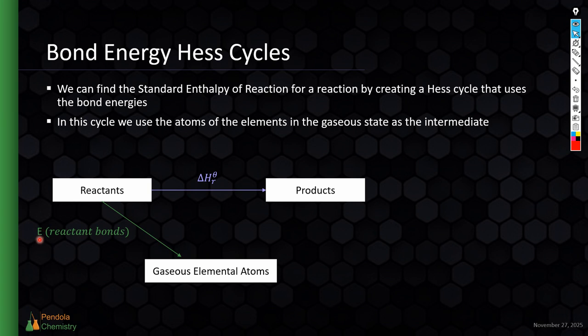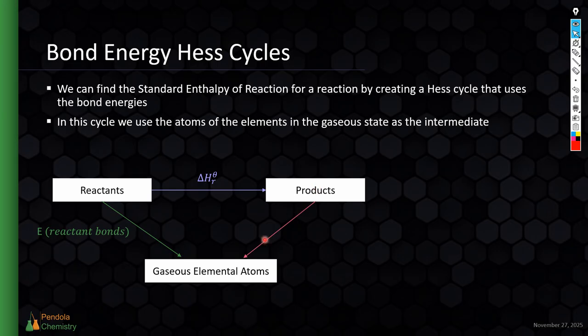Now that does mean that we need to have a very clear idea of what the Lewis structure for that reactant looks like, because we need to know every single bond that's in it. But essentially, the process of going from the reactants to the individual gaseous elements, that is the enthalpy of the bond, or what we call the bond energy or bond enthalpy.